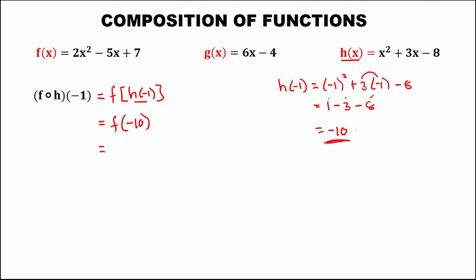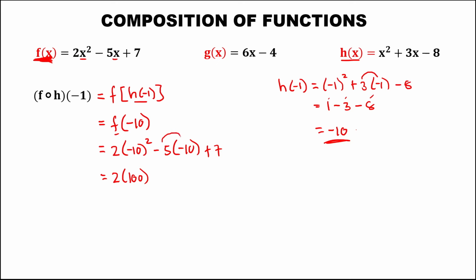Then to find the value from f of x, x is equal to negative 10. So we have 2 times negative 10 to the power 2, minus 5 times negative 10, then plus 7. Then to simplify, negative 10 to the power 2, negative 10 times negative 10, is positive 100.